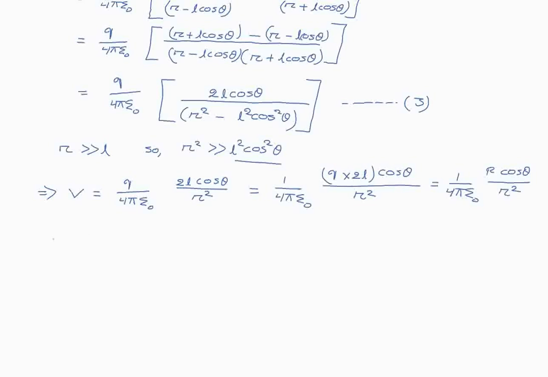That is, V, the electric potential at any point due to an electric dipole, is equal to 1 by 4 pi epsilon naught, P cos theta divided by r square, where P is the dipole moment. Let us write this as equation number 4.